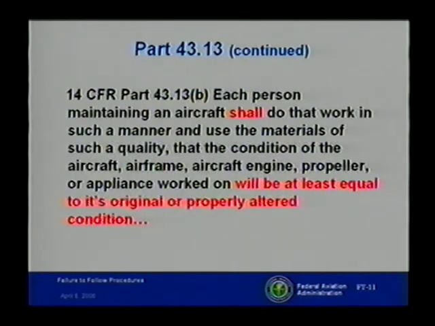It goes on to say in 4313B, each person maintaining an aircraft shall do that work in such a manner and use materials of such a quality that the condition of the aircraft, airframe, aircraft engine, propeller, or appliance worked on will be at least equal to its original or properly altered condition.